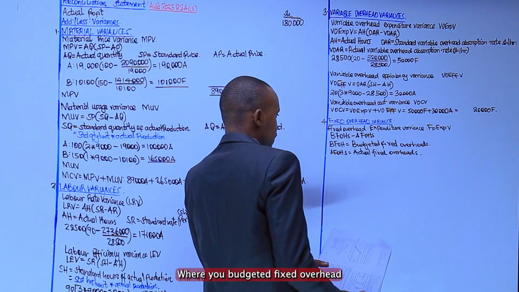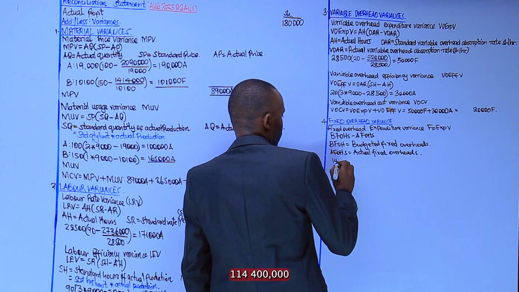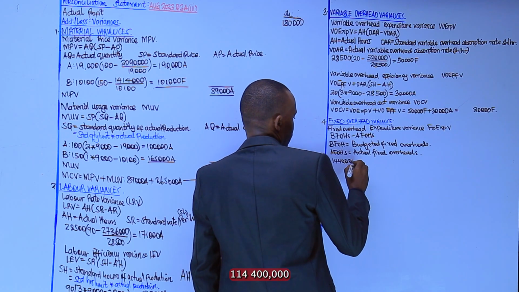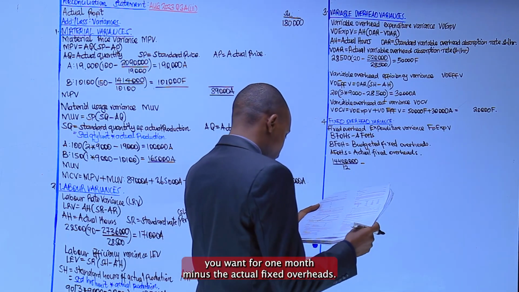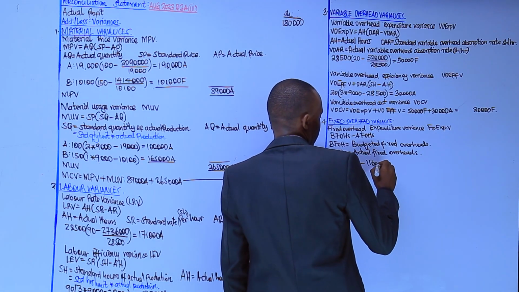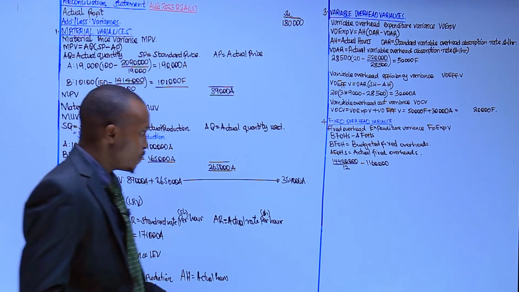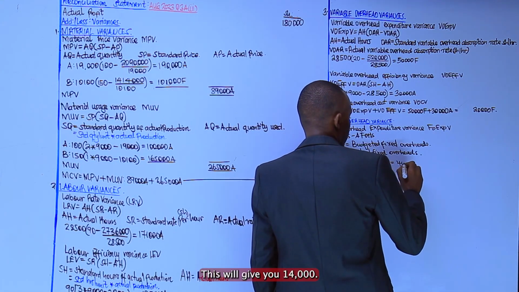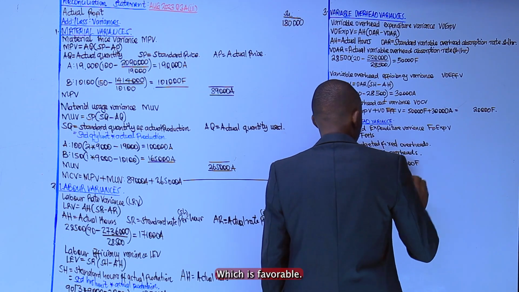Your budgeted fixed overheads for the whole year were 14,400,000. You want for 1 month minus the actual fixed overheads that were incurred, which is 1160. This will give you 40,000, which is favorable.